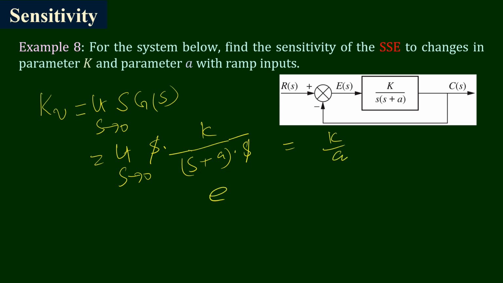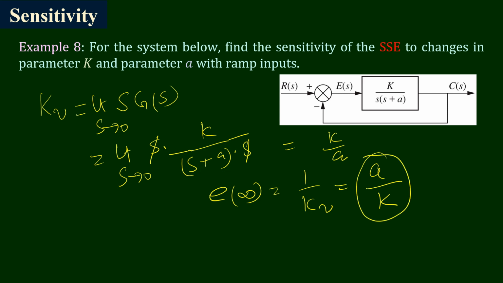Now the steady state error E infinity, we know, is equal to 1 over kV, so this will be equal to A upon K. Now fundamentally we have to find the sensitivity of this E infinity. The sensitivity of E infinity with respect to A is equal to A upon E infinity times dE infinity upon dA.